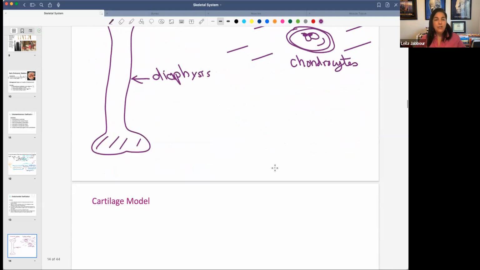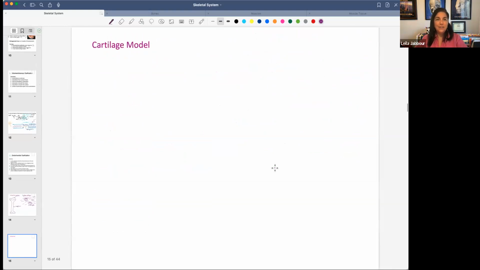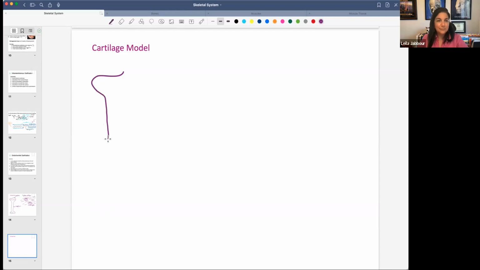At 2 months in utero, let's now do a second attempt at a better bone here. So now we're not talking about 4 weeks, we're talking about 8 weeks of development, right? 8 weeks in utero.